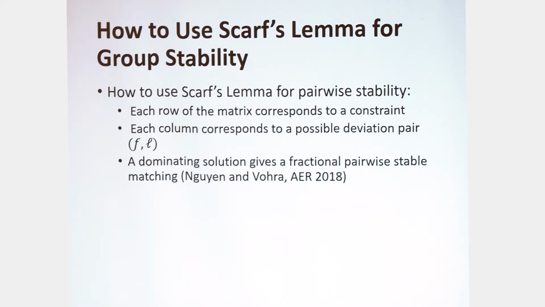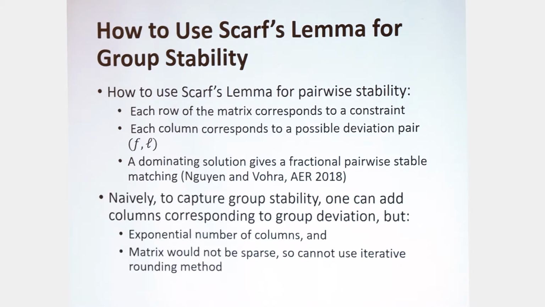Okay. So next, let me show how to use the Scarf lemma for stability. To capture pairwise stability, we can construct a constraint matrix such that each row of the matrix corresponds to a constraint, and each column corresponds to a possible blocking pair. Okay. And applying the Scarf lemma, we can get a dominating solution, and it gives a fractional pairwise stable matching.